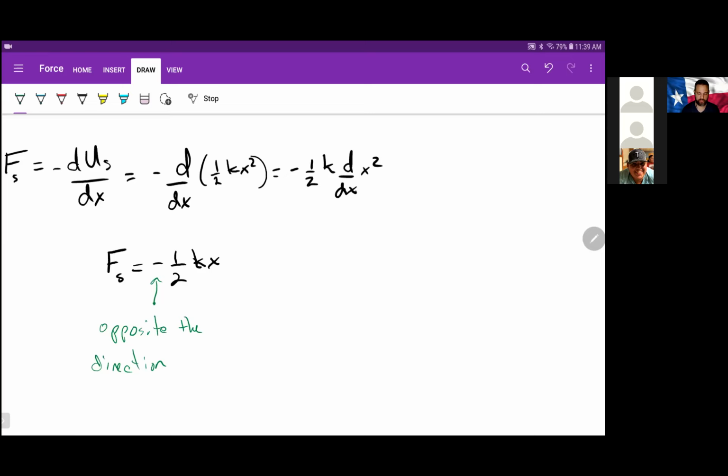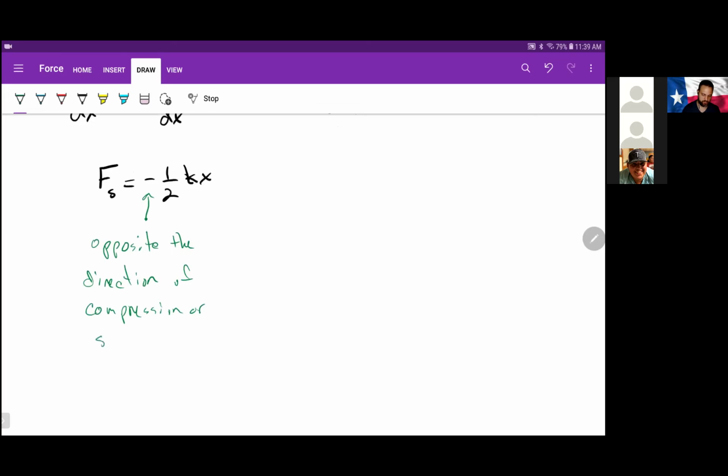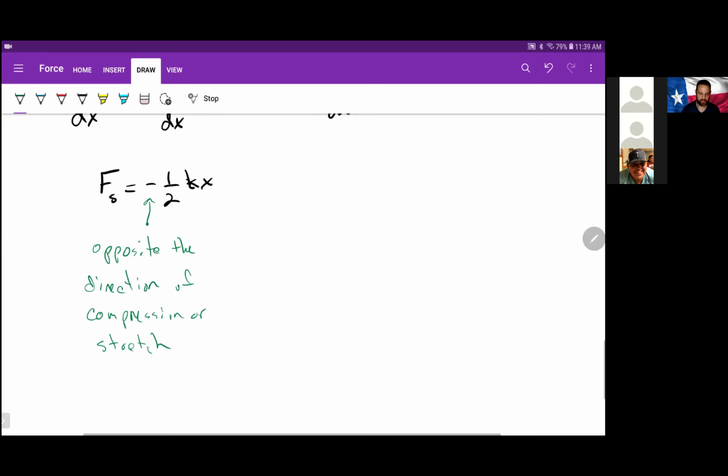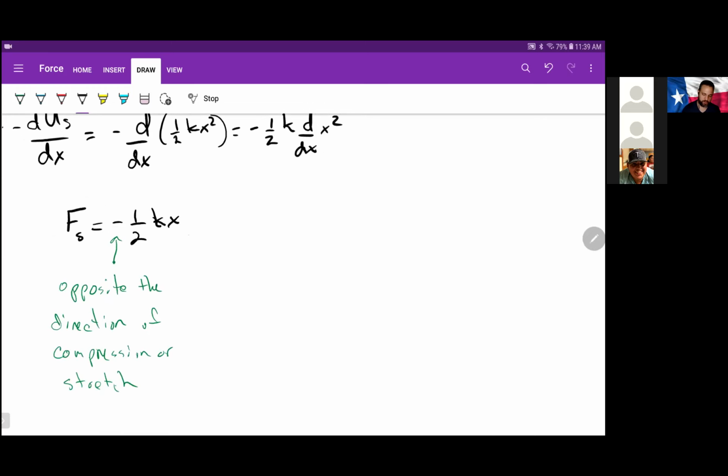I should say of compression or stretch. I'll show you with a picture what that means. If I've got this wall here, and there's the floor, that's how we tell people that it's a solid floor or solid wall on the other side, with those little marks.